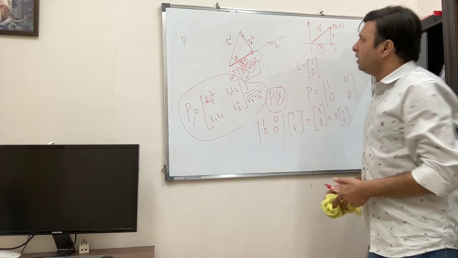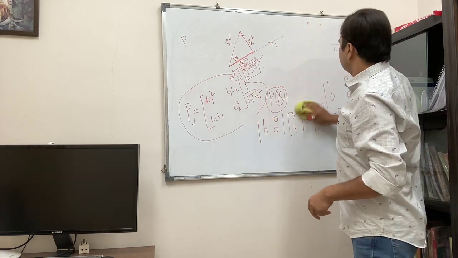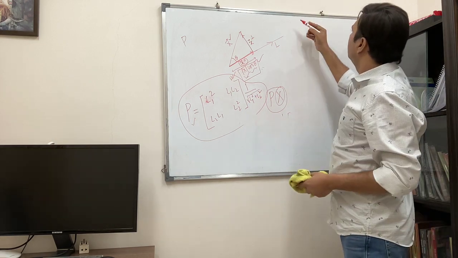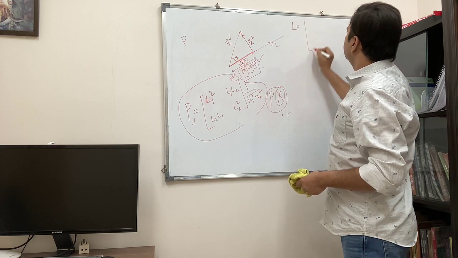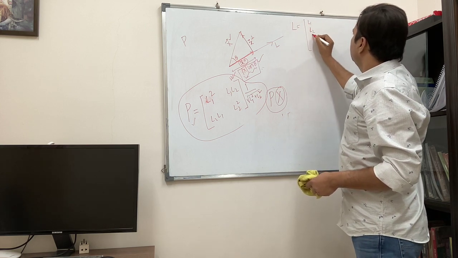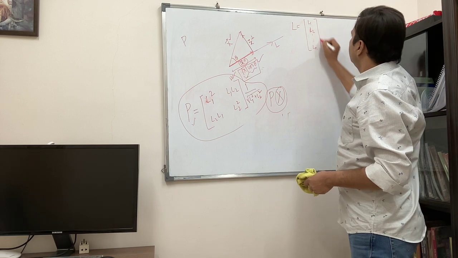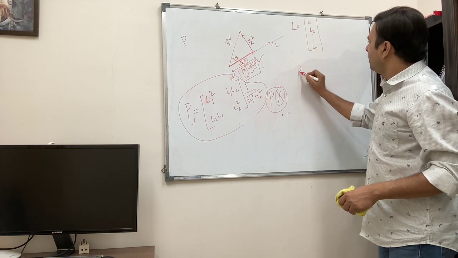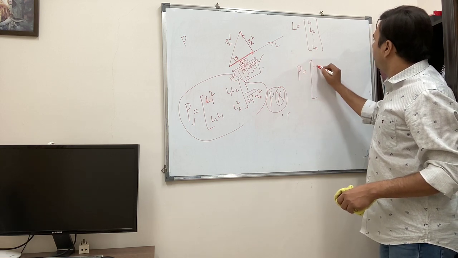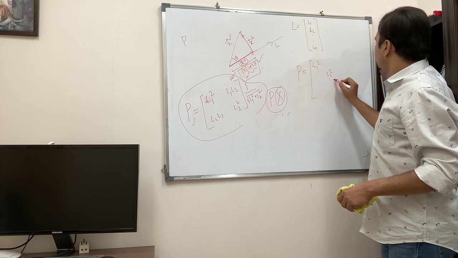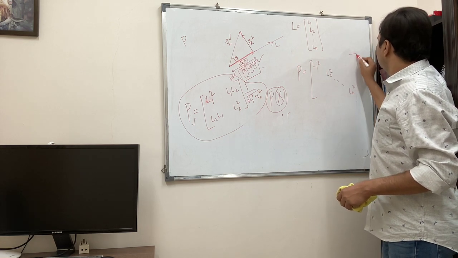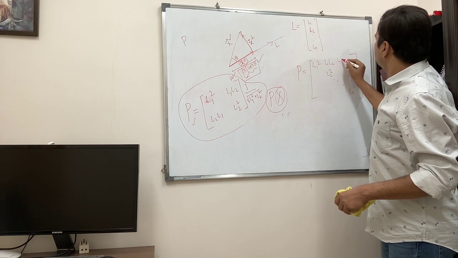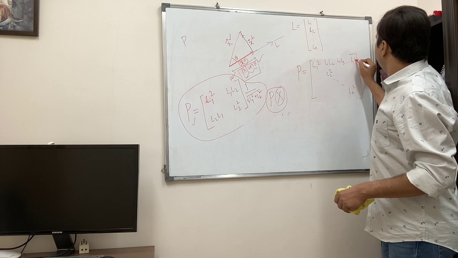Let's say this was not in 2 dimensions but in n dimensions. So your L is (L1, L2, and so on up to Ln). If someone asks what is the projection matrix for this line L, I'll write P as L1 square, then L2 square, up to Ln square on the diagonal, and the first row will be L1 L2, L1 L3, up to L1 Ln.